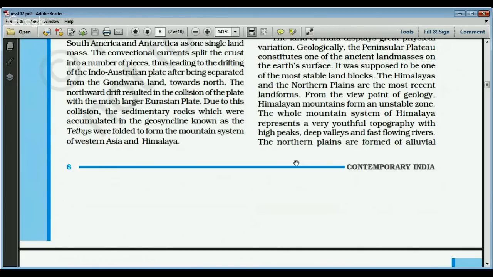You keep hearing news like the recent earthquake in Nepal, and that is why this whole Himalaya region from west to east forms an unstable zone.